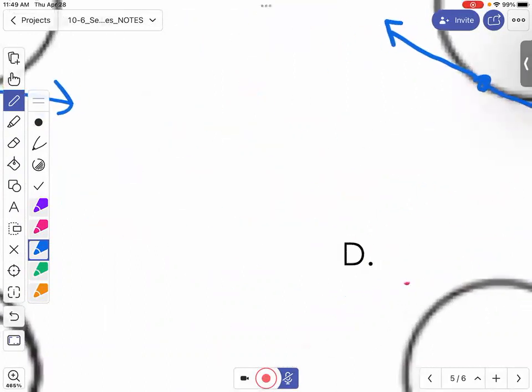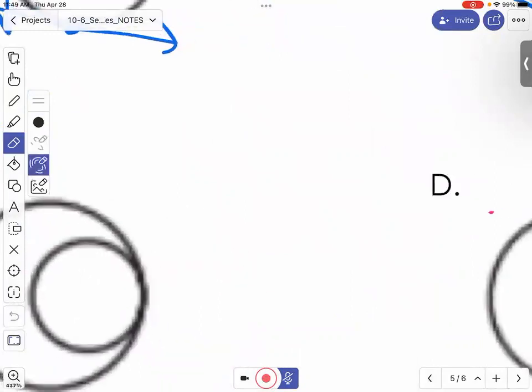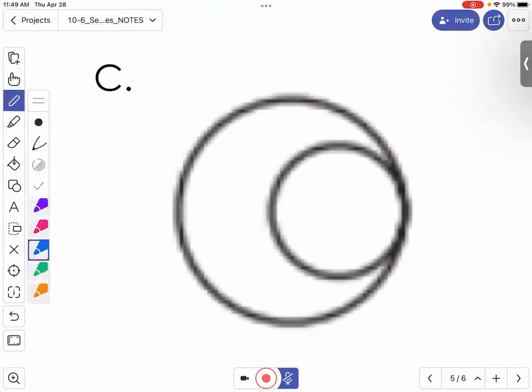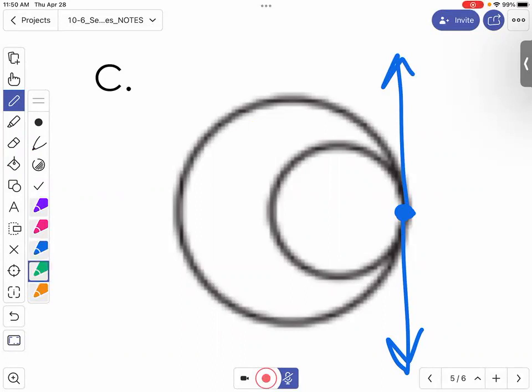Let's look at some other possible ways that we could combine our circles. Now I have one circle inside the other, and these two circles have a common point, all the way on the right where the two circles meet. So in this case, I only have one common tangent. Because one circle is inside the other, no matter where I draw a tangent line on the inside circle, it will always cross the big one twice.